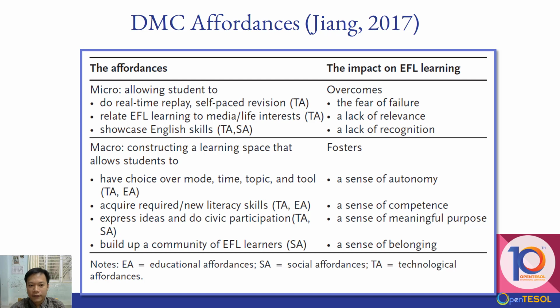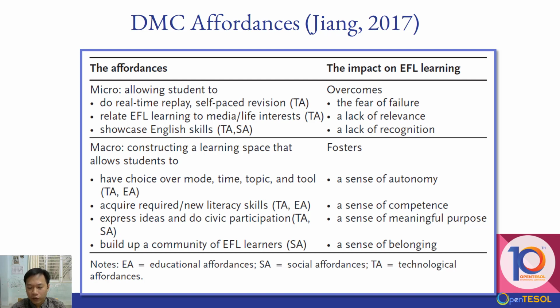And if you look at the macro level, when DMC is implemented, students could have the opportunity to do real-time replay and to have self-paced revision. And DMC also relates to their learning interests beyond the classroom, the media and the live interest. Also, it showcases their English skills.